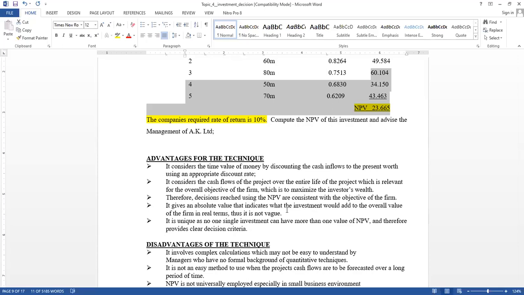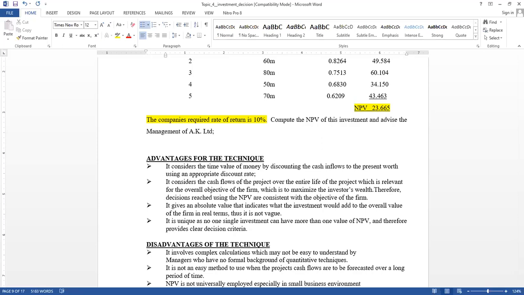So any decision that is undertaken using this technique enables the firm to meet the overall objective.